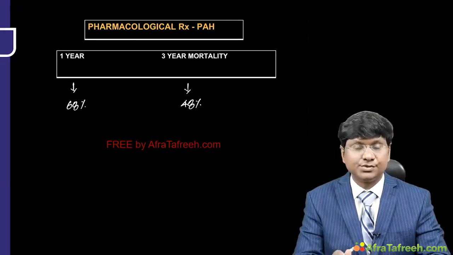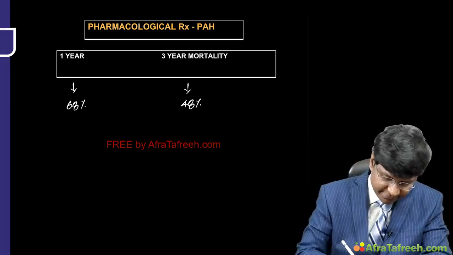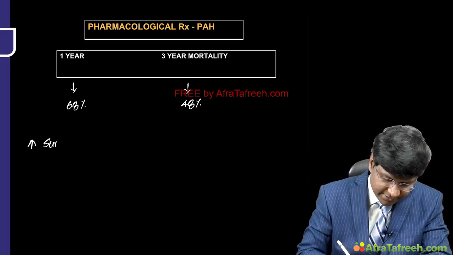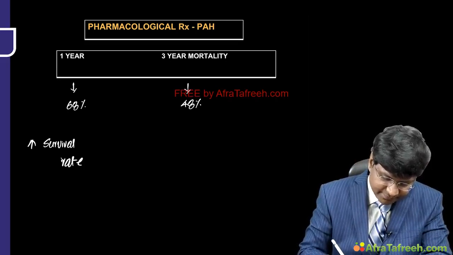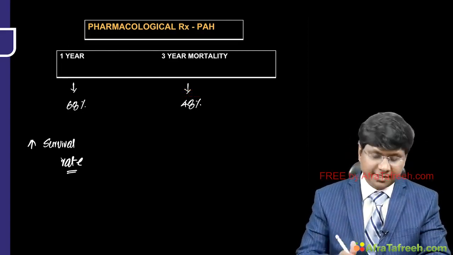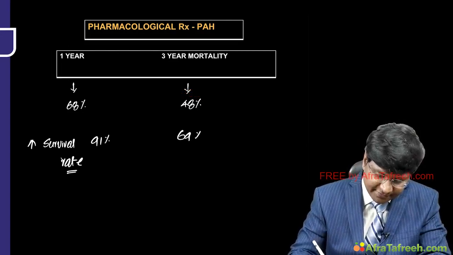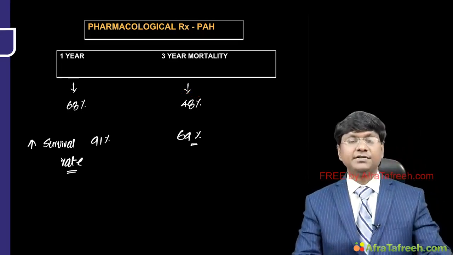It has grossly reduced, and there is improvement in the survival rate, right? There is increase in the 1-year and as well as 3-year survival rate. So how much is the survival rate increased after the advent of the pharmacological therapy? It is 91% at 1 year, and 69% survival rate is improved after 3 years.